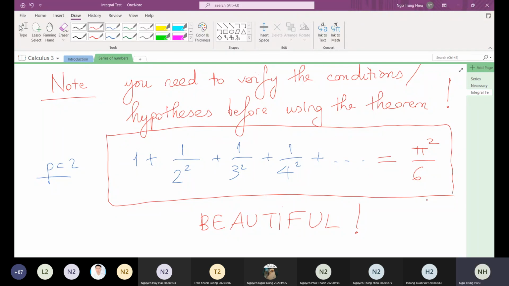Is there a general formula for P series? Say it again. Is there a general formula for P series to compute? Yes, there is. There's a very general formula, but I will not introduce it here because I don't remember the formula.